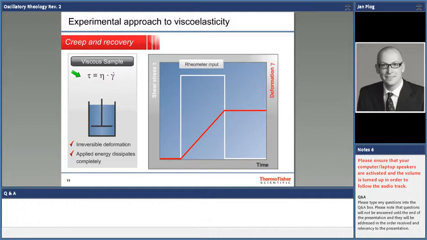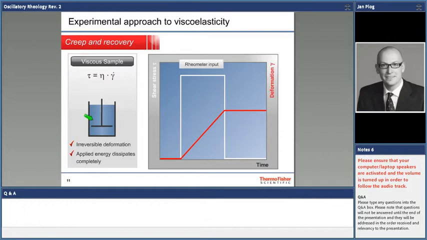The deformation that you monitor will go up with a constant slope. We call that the viscous flow regime. As soon as you release the stress, the deformation will stay at a constant level. All the energy was dissipated by viscous flow. All the deformation is irreversibly lost.